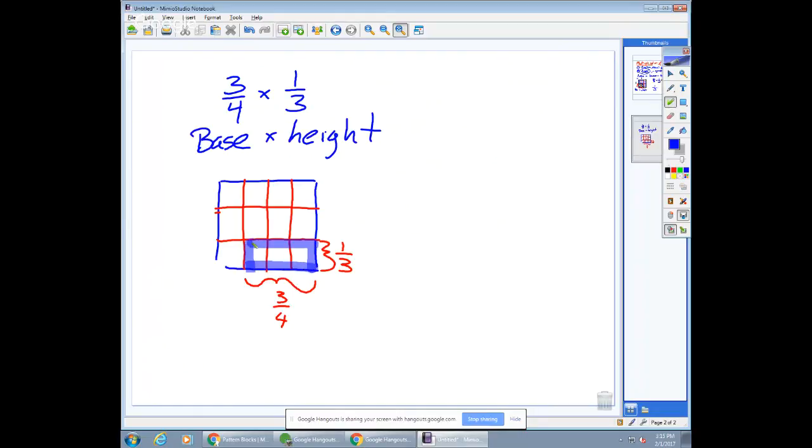And so it looks like that is my product. So my product seems to have in it 3 pieces, and a whole looks like it is 4 by 3 or 12 pieces altogether, so 3/12.